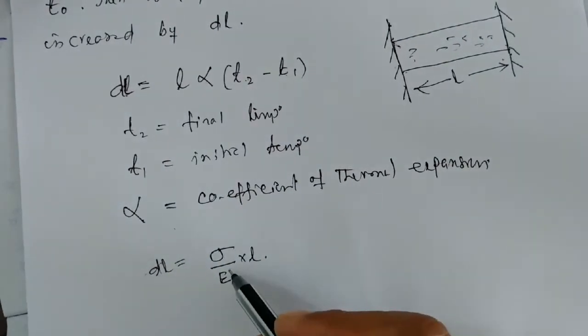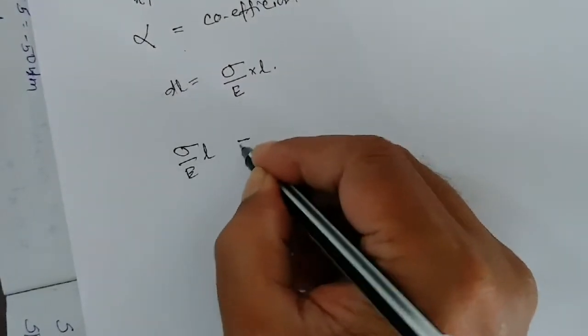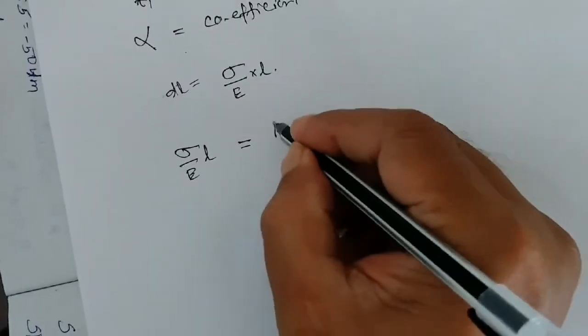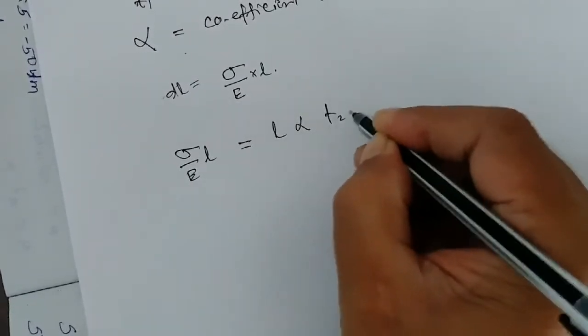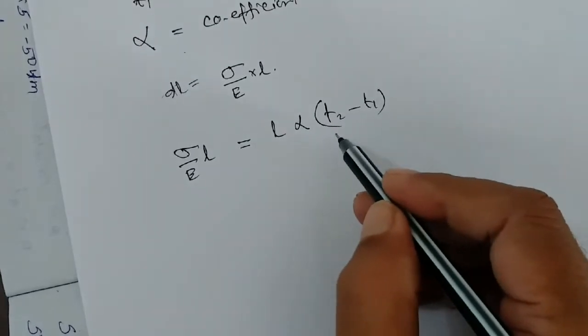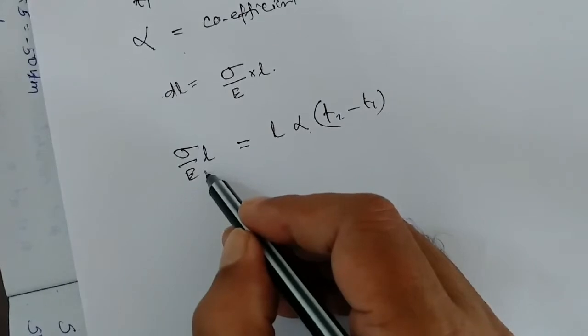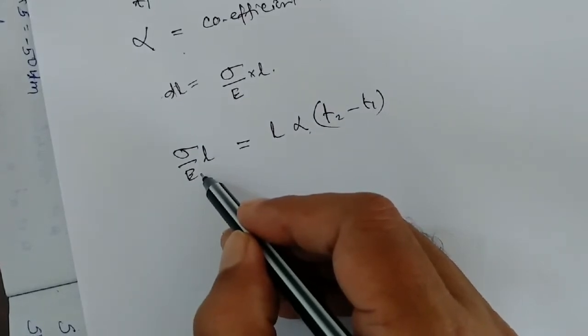So the same dl will be this one. Therefore, we can equate this to sigma by E into L: dl is equal to L alpha (T2 minus T1). This is because this is the change in length due to temperature. The same amount has to be reduced to 0 due to opposition by walls.